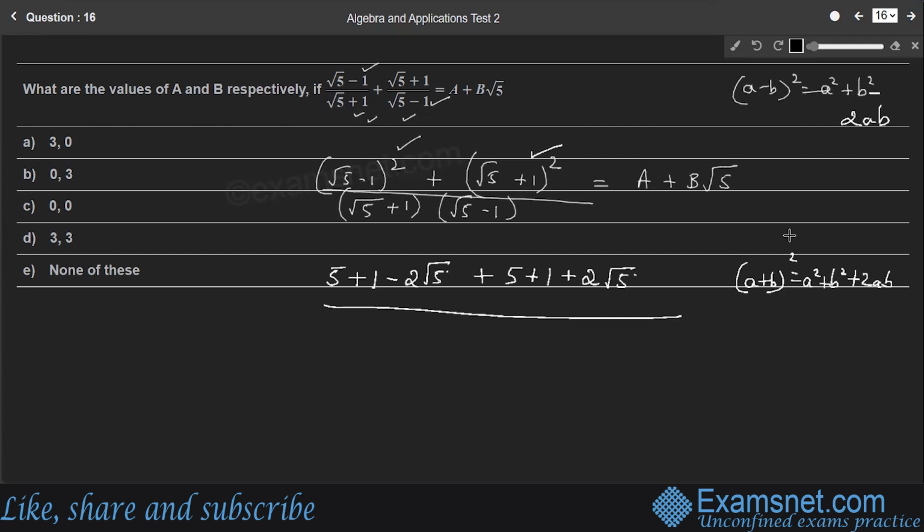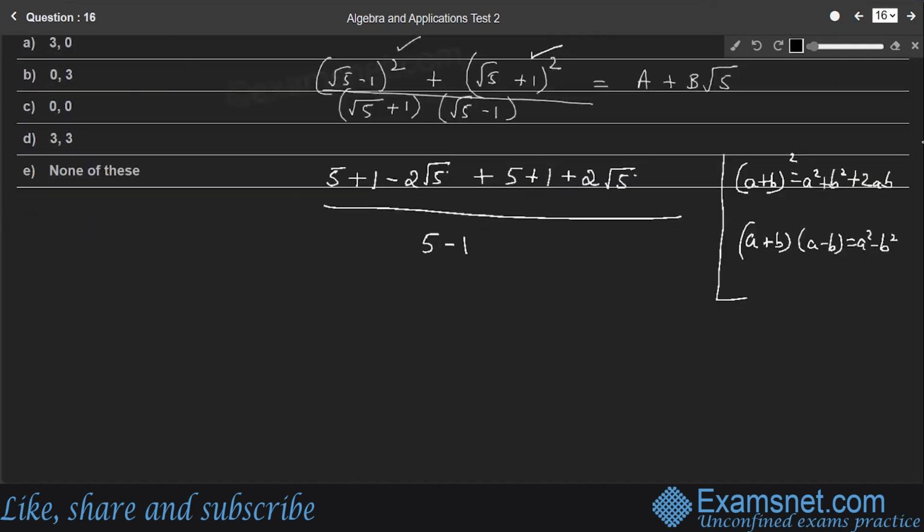And the denominator is in the form of a plus b into a minus b, which is a square minus b square. So, 5 minus 1, right? So, a plus b into a minus b is equal to a square minus b square. We'll write the RHS part here, a plus b root 5.